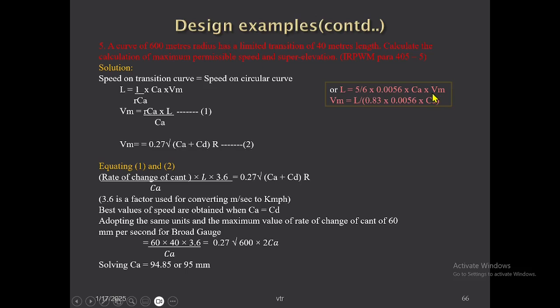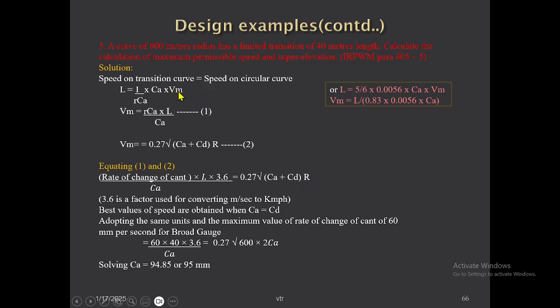So converting the formula in terms of Vm, Vm equal to L by 0.0056 into Ca. This is one equation for finding Vm with respect to the length of transition. Another formula, as usual, we know: Vm = 0.27 root of (Ca plus Cd) into R.